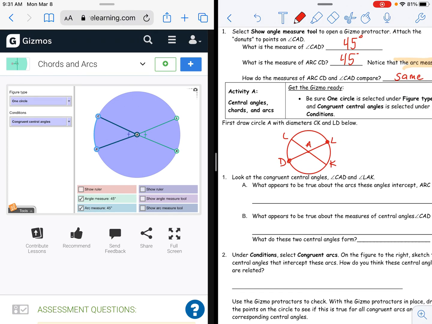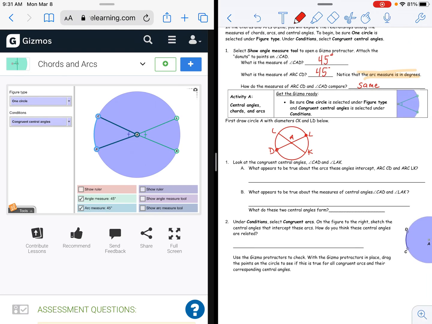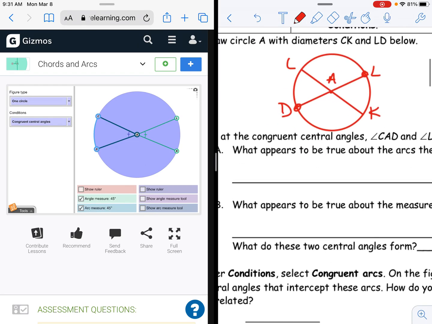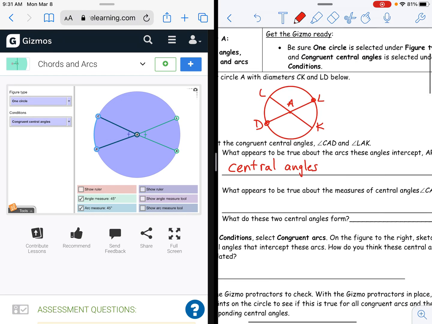Look at the congruent central angles CAD and LAK. What appears to be true about the arcs that the angles intercept, arc CD and arc LK? Well, the central angles are congruent.